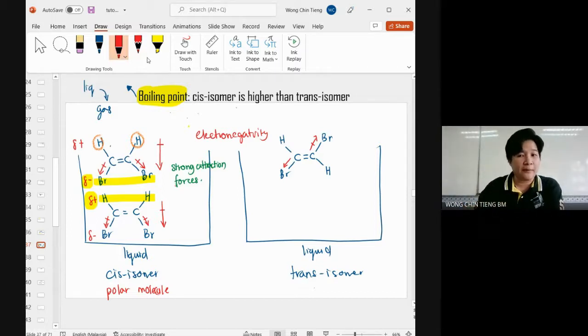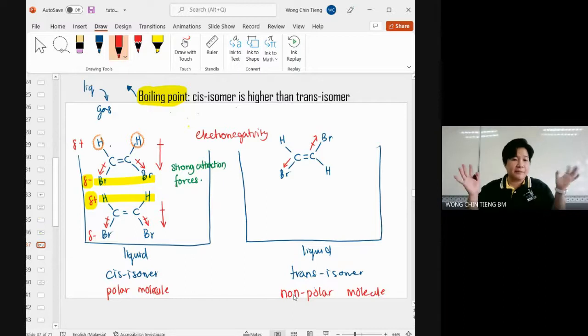So what happened is the bond dipoles cancel each other off. Agree? Bila dia cancel off each other, do we still have partially positive, partially negative? Tak ada dah. So automatically your trans isomer over here becomes a non-polar molecule.